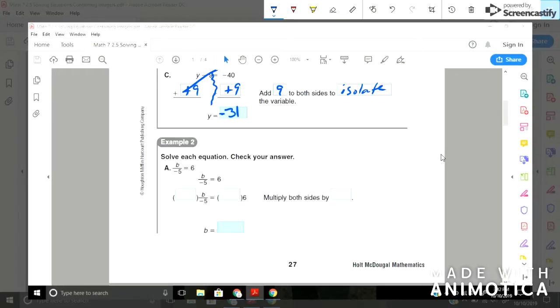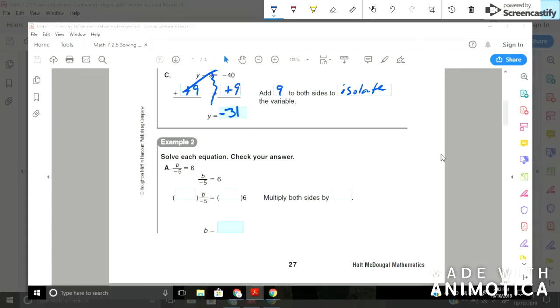Hopefully you're starting to catch on a little bit. Let's look at example 2 where we now have a division problem. It says b divided by negative 5 equals 6. So what number divided by negative 5 would give us 6? Again, we're looking at what is being done to my variable and how I can undo that.